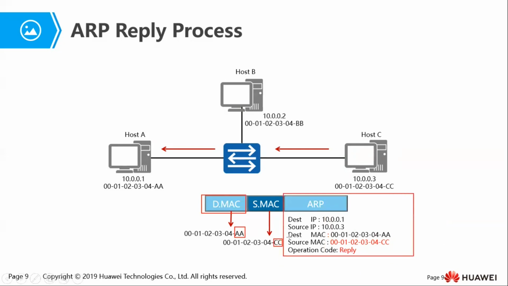The most important thing to remember here is that the source MAC address will be the MAC address of host C, and therefore this guy is now going to know, oh, this is the MAC address of this guy, and therefore he's going to update his own ARP cache table. In the operation code field, this time it's going to be a reply.